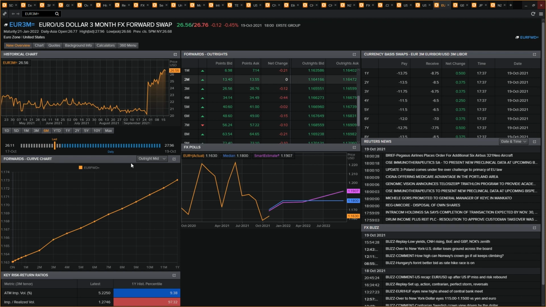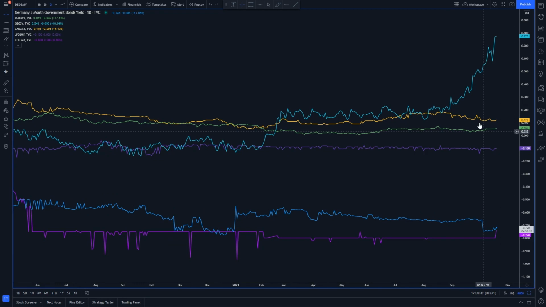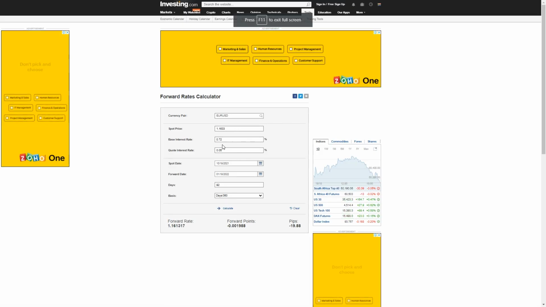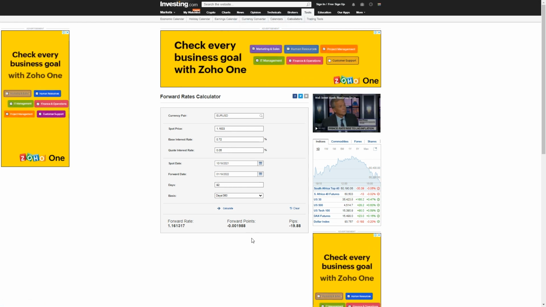Now, again, this is using the deposit rates over that time frame, right? If we go to the actual differentials right now, if you plug in the actual 3-month yield of negative 0.72 as well as the US 0.05%, into a calculator, investing.com has one, and you plug in the current spot rate and those rate differentials, and you also look at a 3-month or 90-day period, you'll see that it comes in at 1988.